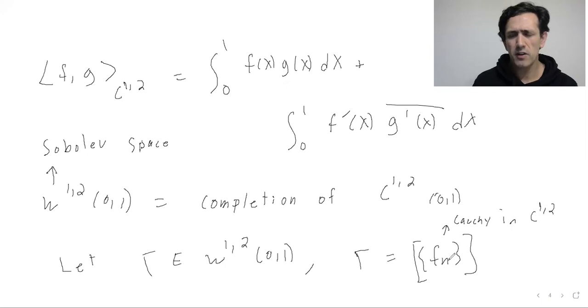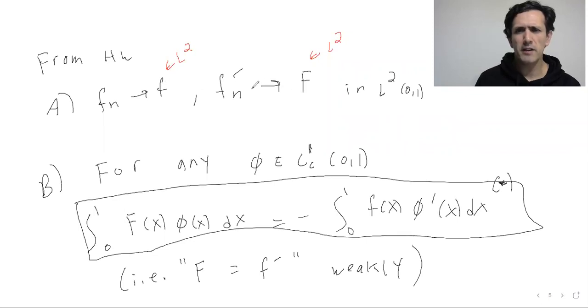If the Cauchy sequence F_n is equivalent to F_n tilde, then you get the same little f and big F. There's really not much there because equivalence is saying as n goes to infinity, F_n minus F_n tilde in norm is 0. And you can show very easily then that F_n tilde converges to little f, F_n tilde prime converges to big F. So this is definitely well defined.